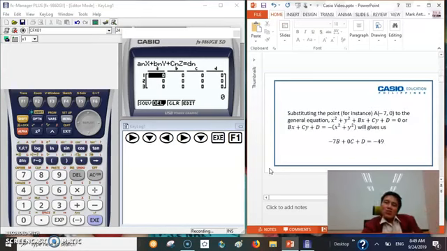If I substitute point A with coordinates -7, 0 to the general equation, that will give me this equation. Note that here, I can rewrite this general equation into bx plus cy plus d equals negative quantity x squared plus y squared.